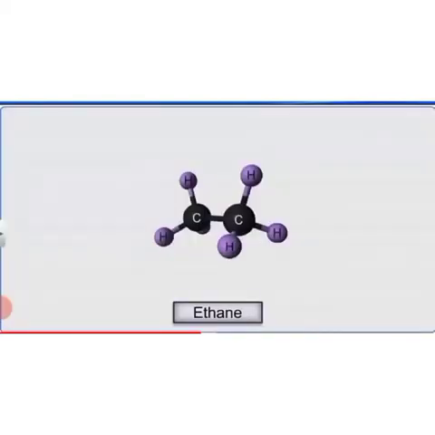Now let's understand the concept of conformation better by using the ethane molecule as an example. We can see that each carbon atom is attached to one carbon and three hydrogen atoms. Now, imagine one of the carbon atoms along with its hydrogen bonds rotating around the internuclear axis of the carbon-to-carbon bond.